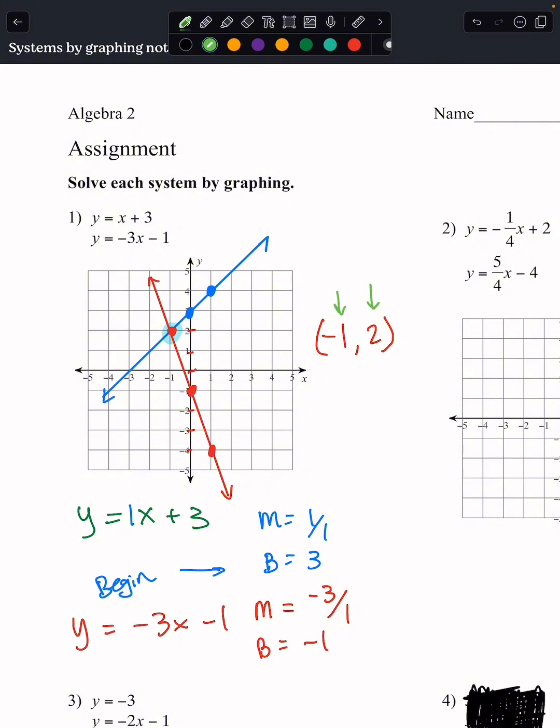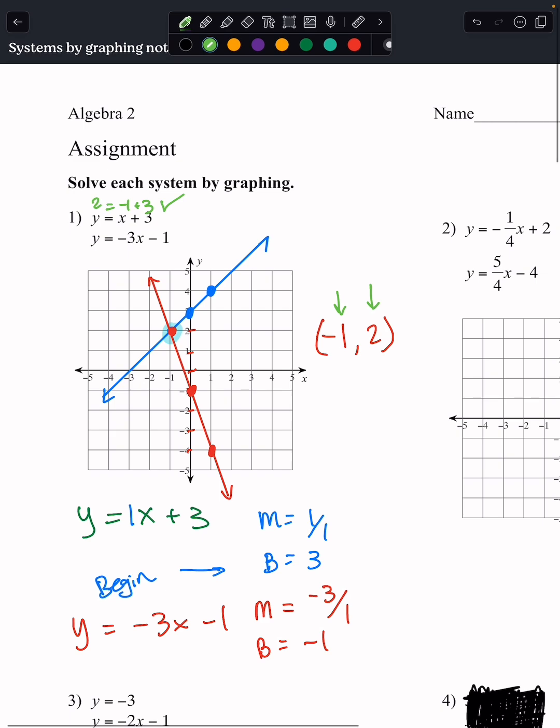So y should be 2 equals x, which is negative 1, plus 3. And is 2 equal to negative 1 plus 3? Yes. And if you do it on the bottom one, the same thing will happen. Okay? So let's keep moving.